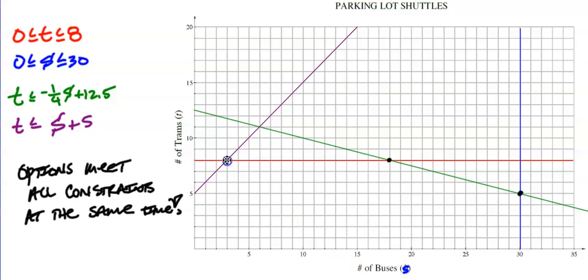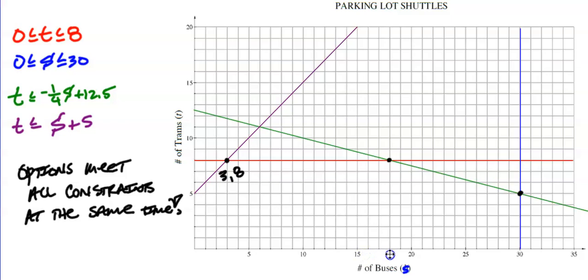Those are maximizing. This is the maximum number that we can have for here, here, and here because we're on the edges of it. So those are pretty much our points. We got 3 and 8. I'm sorry, yes, 3 shuttles, 8 trams.